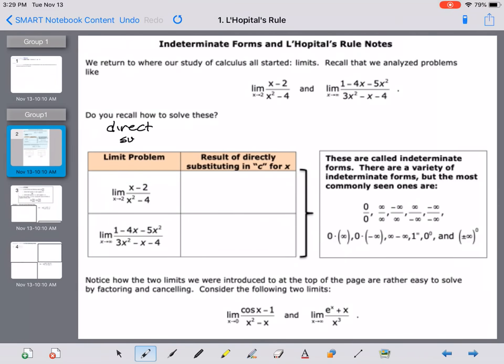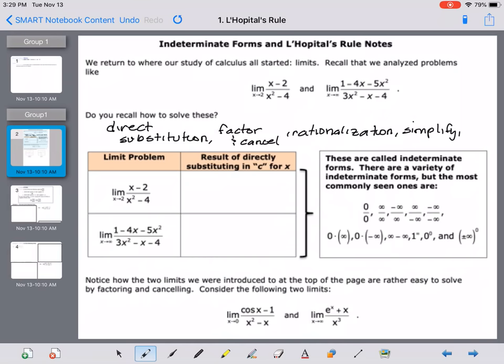So we had direct substitution, which is where we always started. That didn't work. We had things like factor and cancel. We had rationalization. We had simplification of fractions.